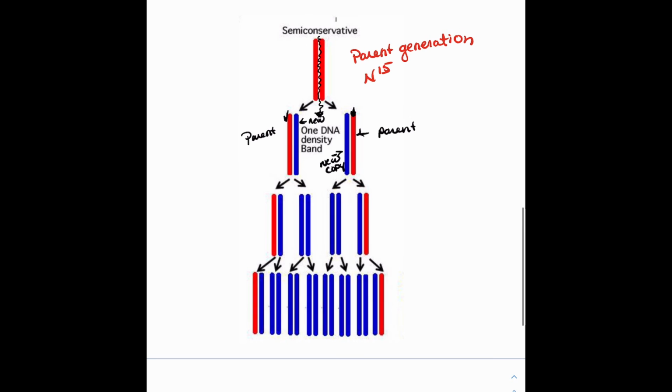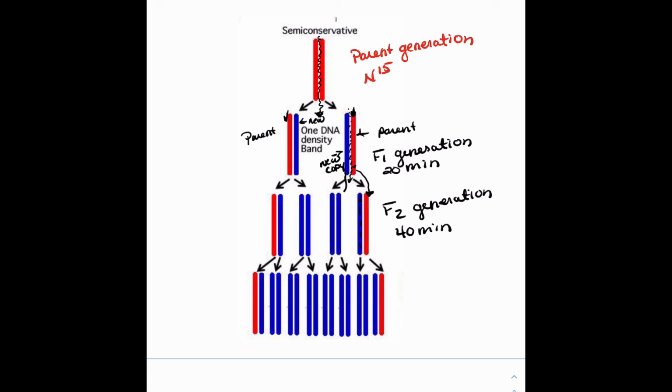So then, this was my F1 generation, 20 minutes. And here, for the next generation, the F2 generation, 40 minutes, you have this parent strand here. Remember, this gets split apart again. Helicase comes in and breaks it apart. Parent strand here. New DNA is made here.